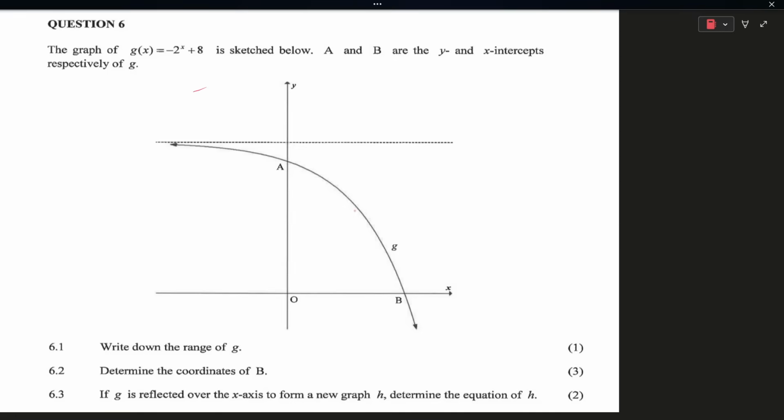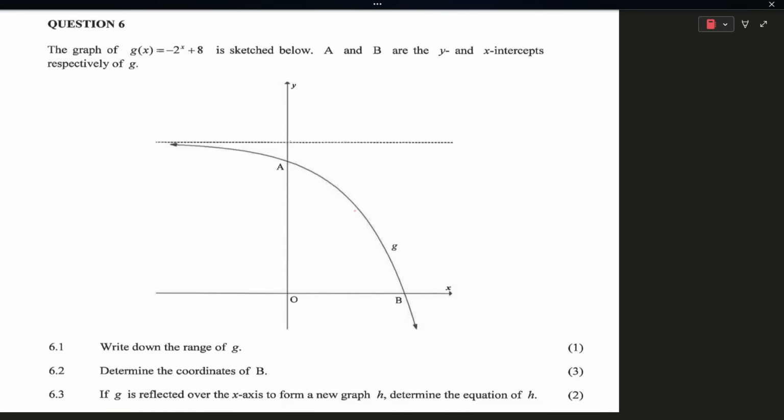Since the graph is concave down, starting from this dotted line going up, does my graph exist there? No. But starting from the asymptote going down, does my graph exist? Yes. So now we check what your asymptote is.